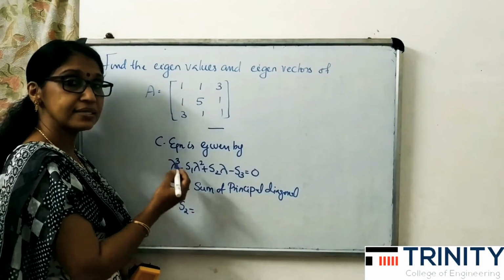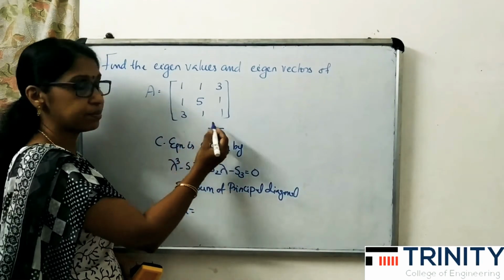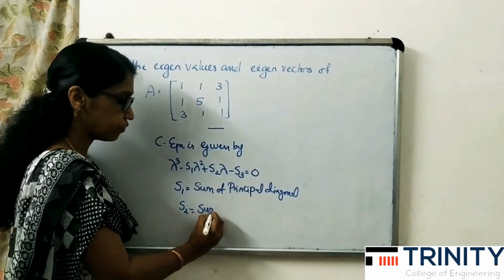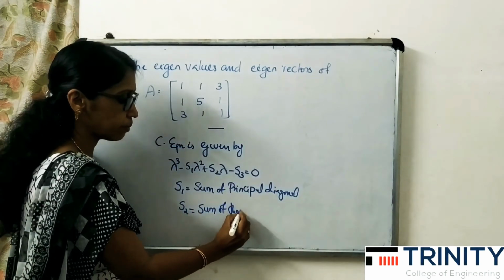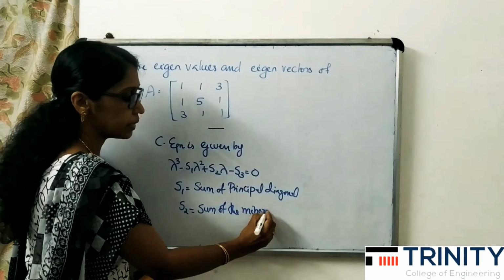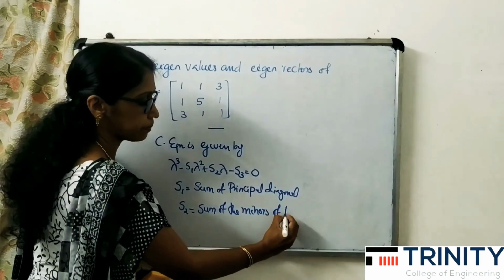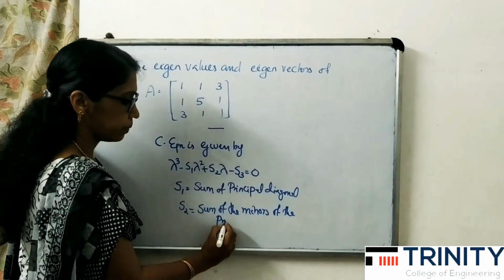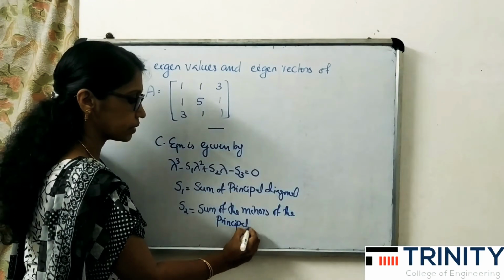S2 is the sum of the minors of the principal diagonal elements.